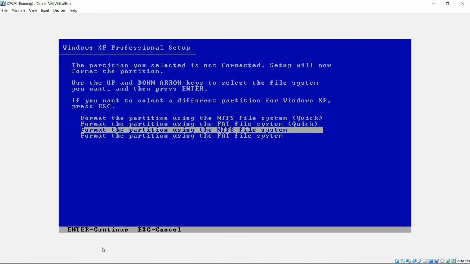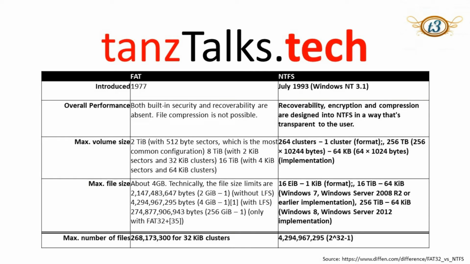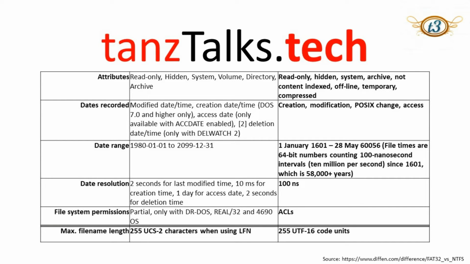Okay, now this is asking if we want to format the partition using the NTFS file system or the FAT file system. So NTFS is the newer version and it is faster and more secure than the FAT file system. So it is better to use NTFS because FAT has some limitations. It was developed in 1977. It is very old.